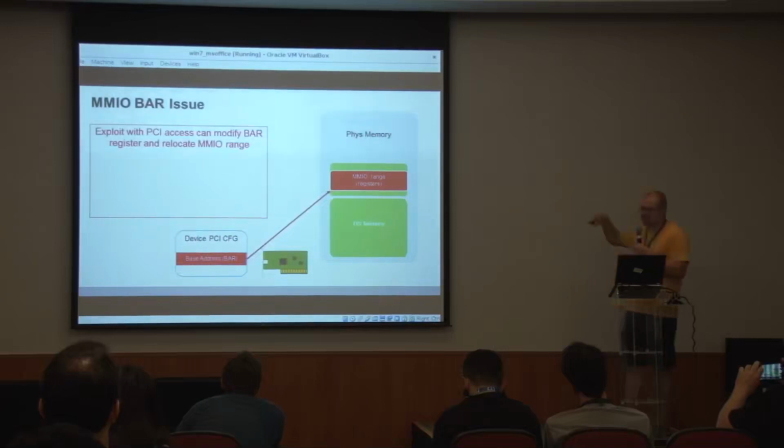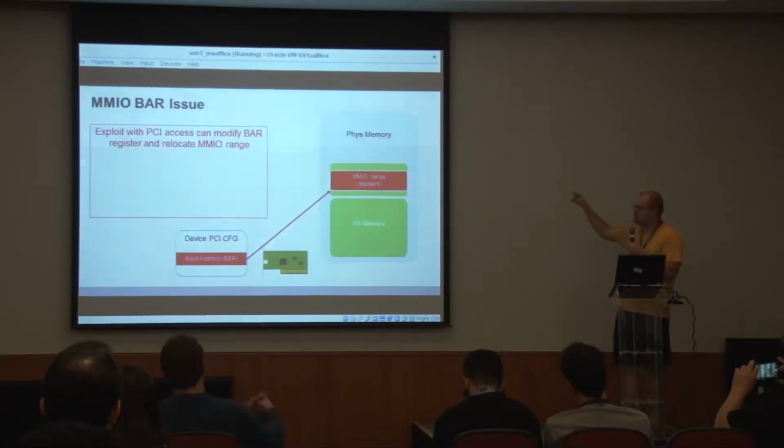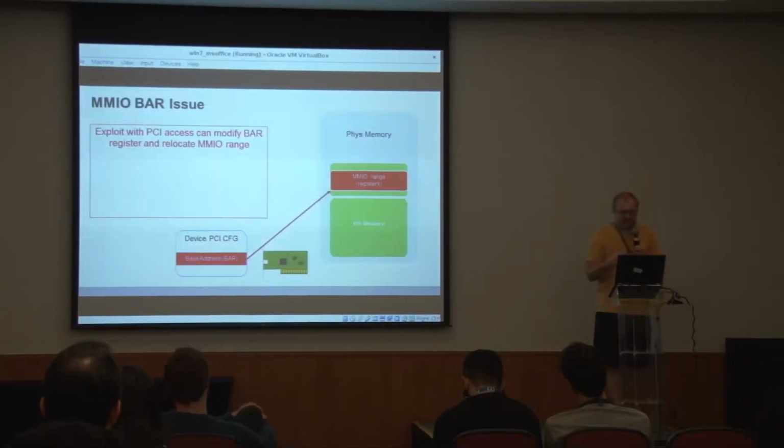But SMM itself has a bunch of SMM handlers which read and write to the devices. Because of that, when you overlap the MMIO range with SMM and trigger SMIs, some of the SMIs may read or write to SMM. So basically, you have a sort of write primitive to SMM.